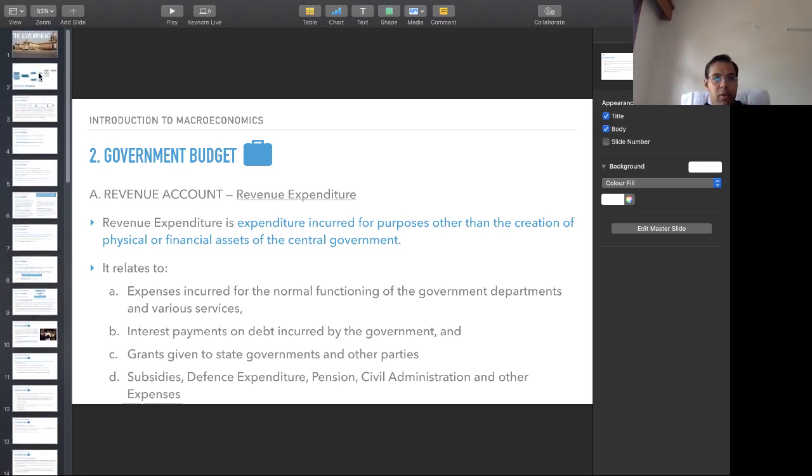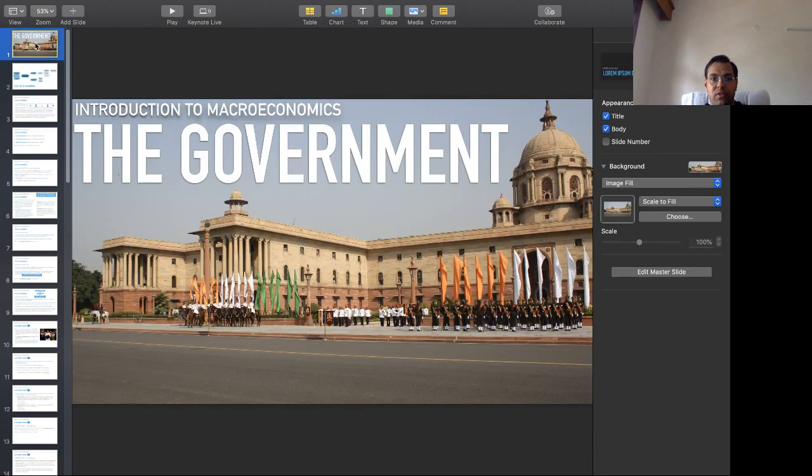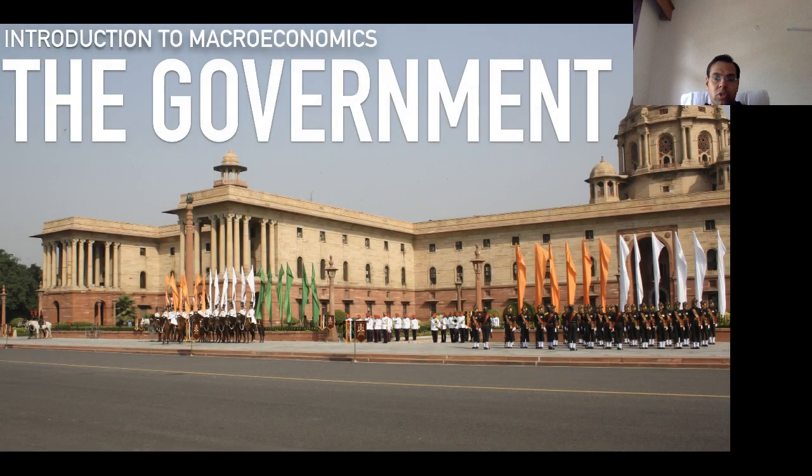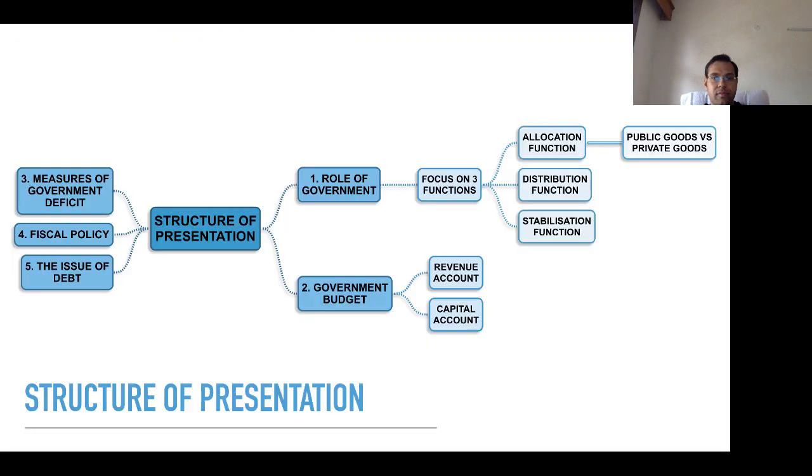Just to recapitulate the structure, the name of the chapter was The Government. Introduction to Macroeconomics is the book, Part 2, Class 12, and the chapter is The Government. This is the structure of presentation. Role of government, focusing on 3 functions: allocation function, distribution function, stabilization function.